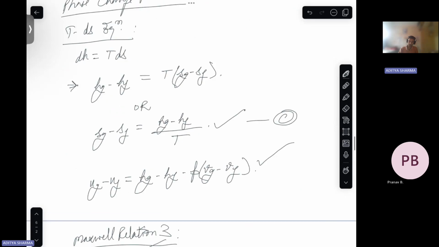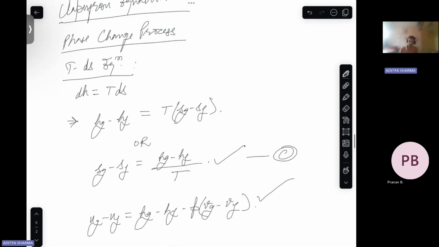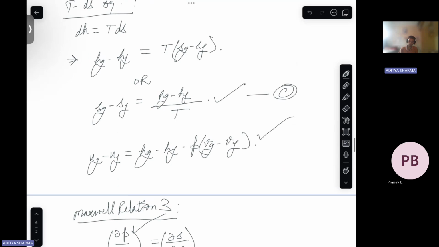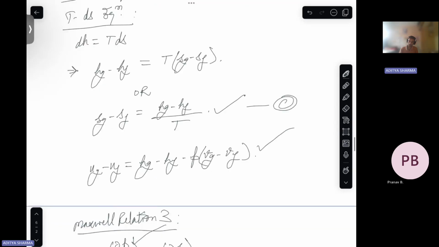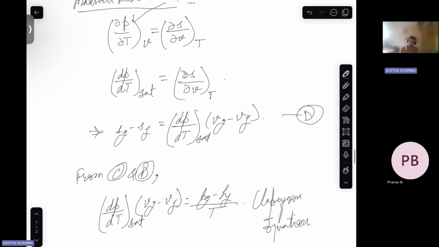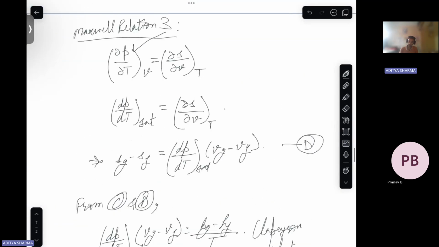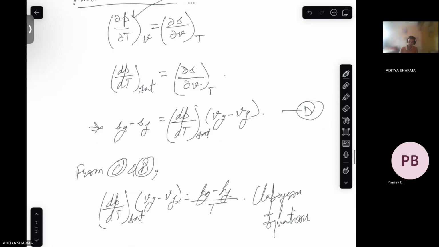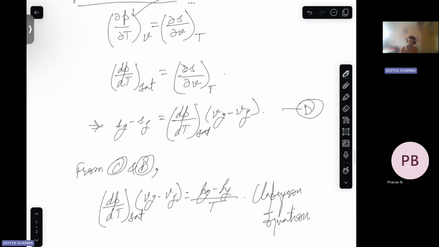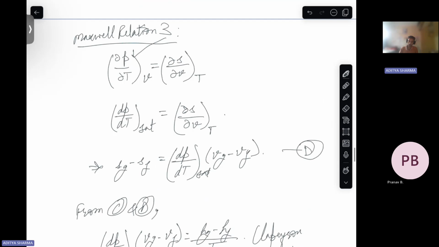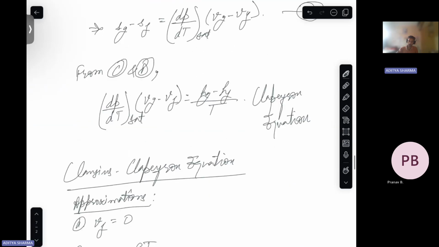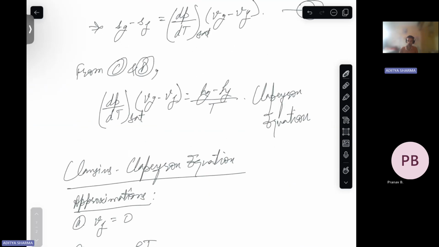Through this tedious equation, first we got the change in specific entropy and change in specific enthalpy relation, right, which is equation C. And then through Maxwell relation 3, we got this change in specific entropy and change in specific volume, D. And then we equated C and D, and this is how we got Clapeyron equation.